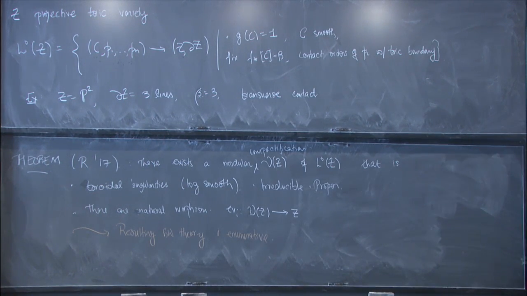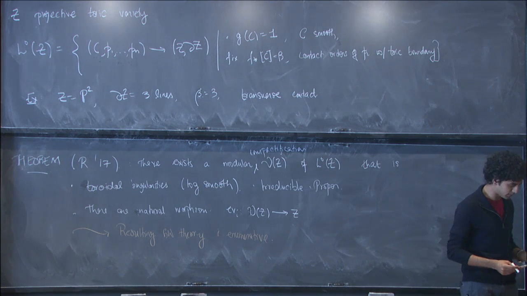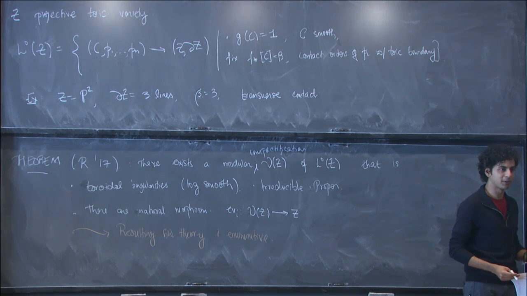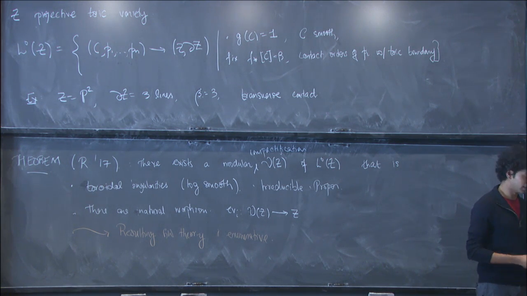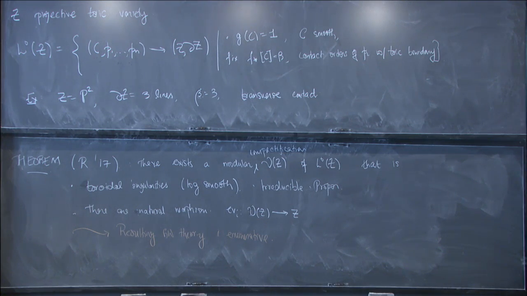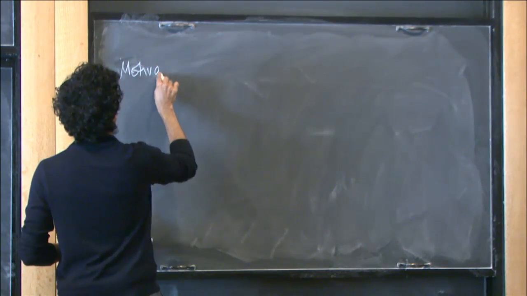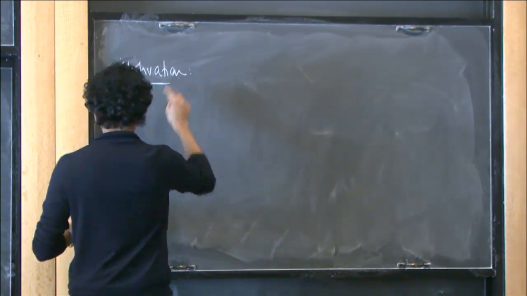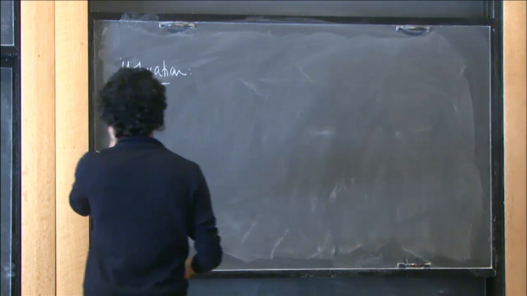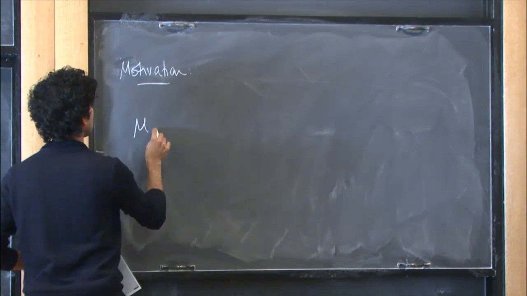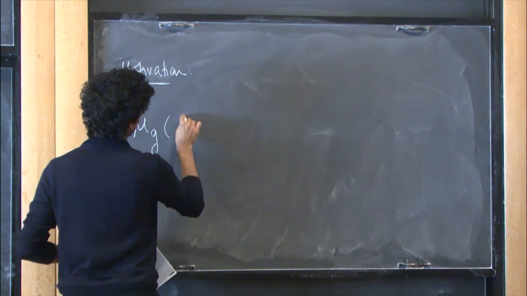Okay, so let me. The moduli space, of course, is probably familiar to most people in the audience, but I want to remind you of some of the pathologies that come up in some fairly easy situations. So maybe some motivation. Okay. So the basic object that we're interested in is something like this.